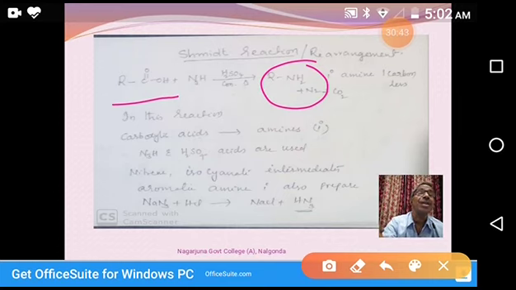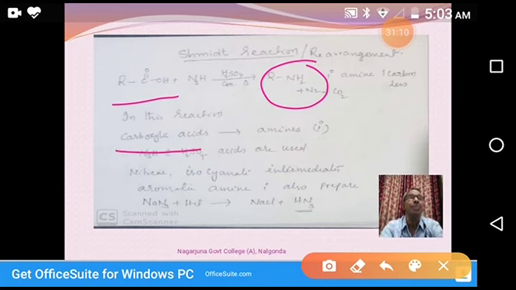If you observe carefully, we have three acids: one carboxylic acid, one hydrazoic acid, and sulfuric acid. This is a very interesting thing. All three acids are reacting to give primary amines. So in this method, carboxylic acids are converted into amines.